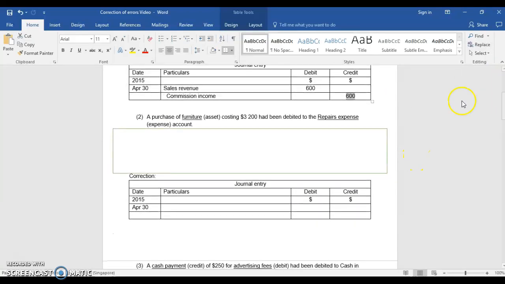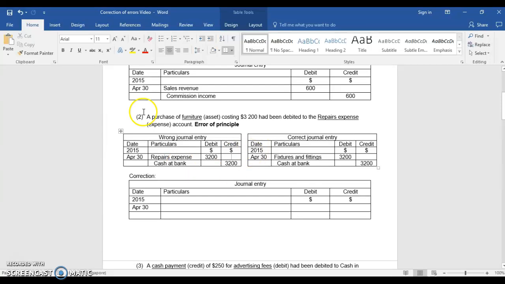Second one, purchase of furniture, which is an asset, costing $3,200 had been debited to the repairs expense account, which is an expense account. Now this is two different accounts, but they are in different elements. So this is a fundamental error, what we call error of principle. To correct this error, the wrong one was this: the accountant debited repairs expense and credited cash at bank.